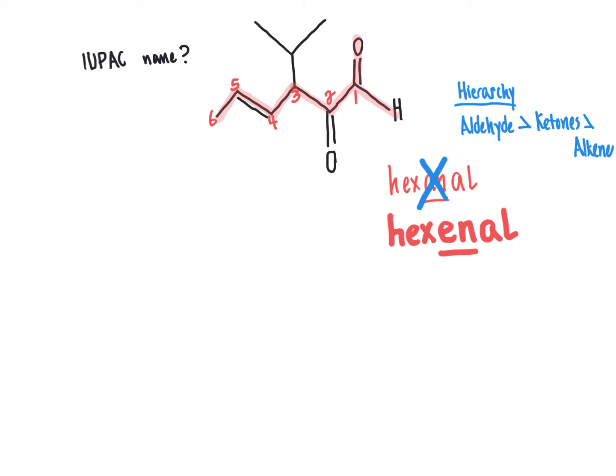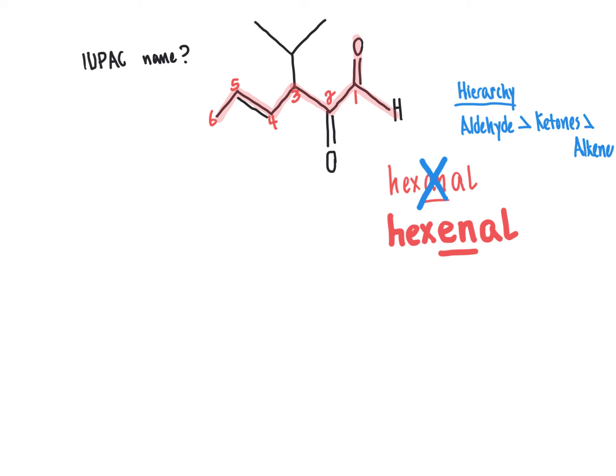So in order to get the name completely correct for this, since the alkene group could be at a variety of positions along this chain to create different constitutional isomers, we need to specify exactly where the alkene group is located. Remember that to specify the location of alkene groups, we indicate the numerical location where the alkene group starts. So the alkene group, based on our numbering system, starts at carbon 4.